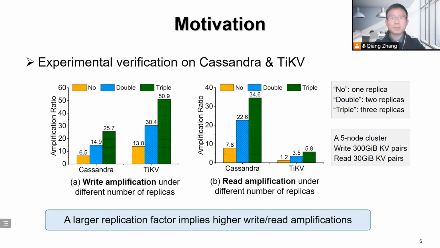Figures A and B show that for Cassandra, when increasing replicas from 1 to 3, the write amplification increased from 6 to 25, by about 4 times, and the read amplification increased from 7 to 34, by more than 4 times. We observe a similar trend for TiKV. Therefore, a larger replication factor implies higher read and write amplifications.